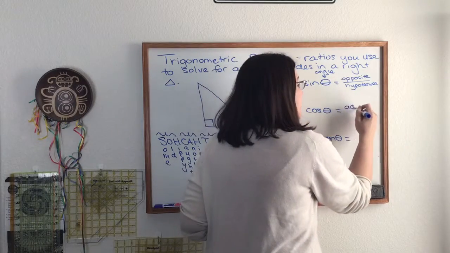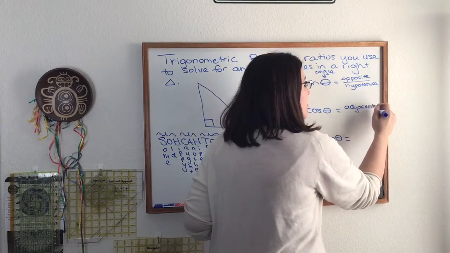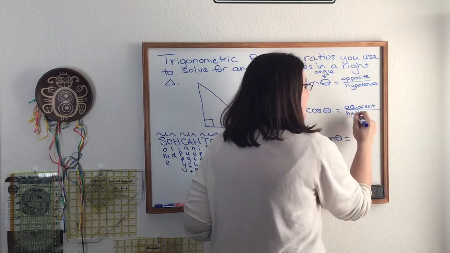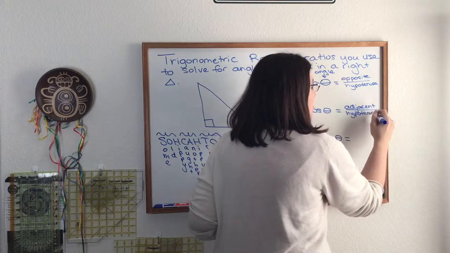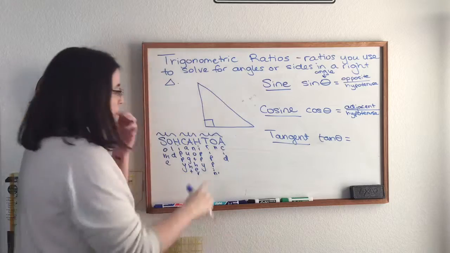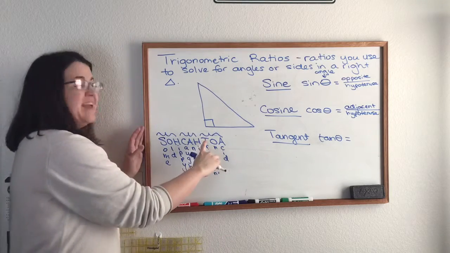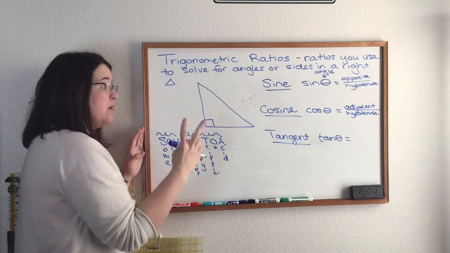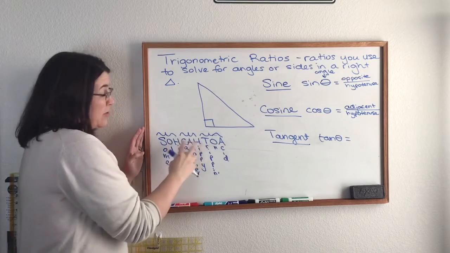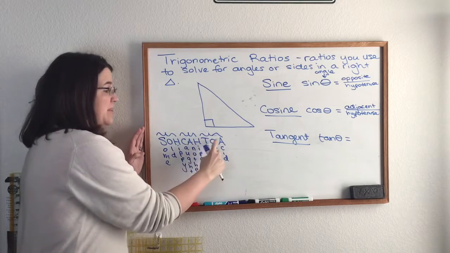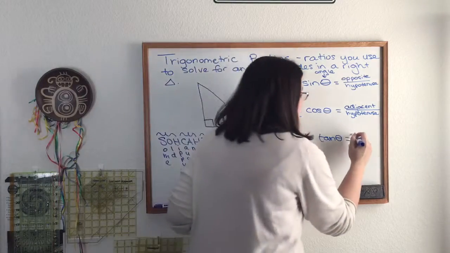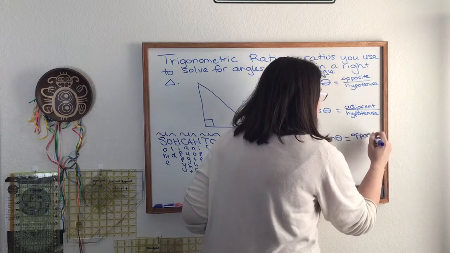So notice, every time that H shows up for hippie, it stands for the hypotenuse of the triangle. All right, then the last one, the tripping on acid, stands for tangent, and the O and the A, once again, stand for words and letters we've already seen, which is opposite and adjacent. So tangent is opposite over adjacent.